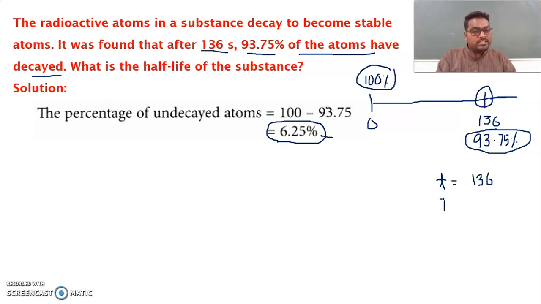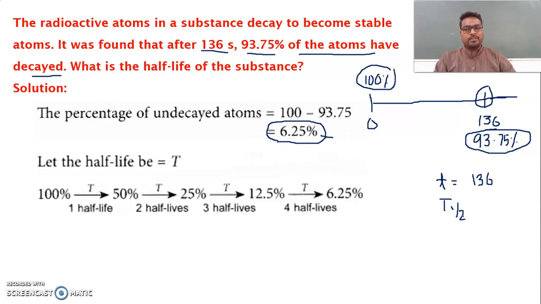And by using this data, we have to calculate the half-life, T half. Now this can be calculated like this. Okay. So dear student, before it is 100%, then 100% becomes 50%. This is the first half-life.